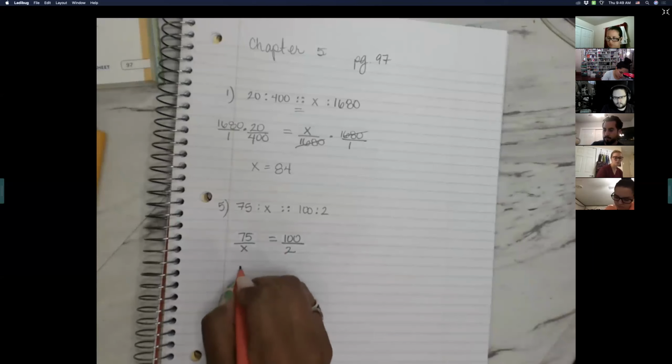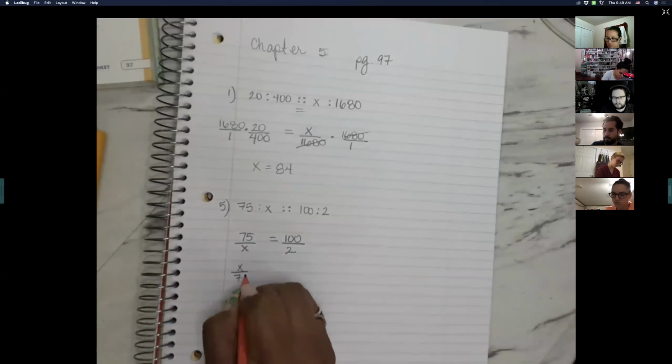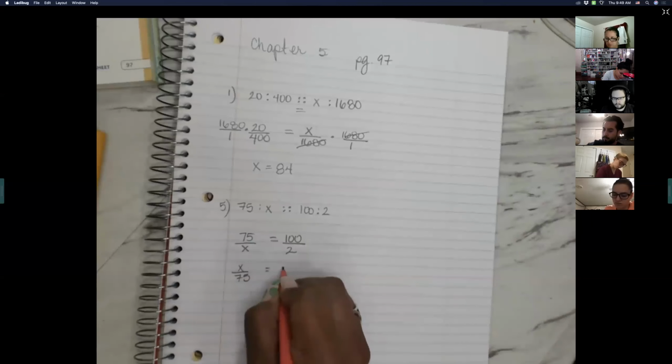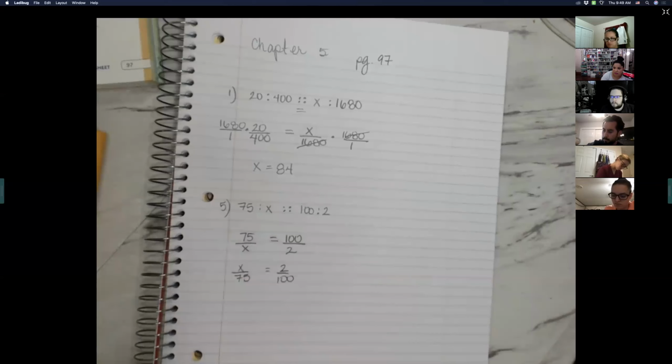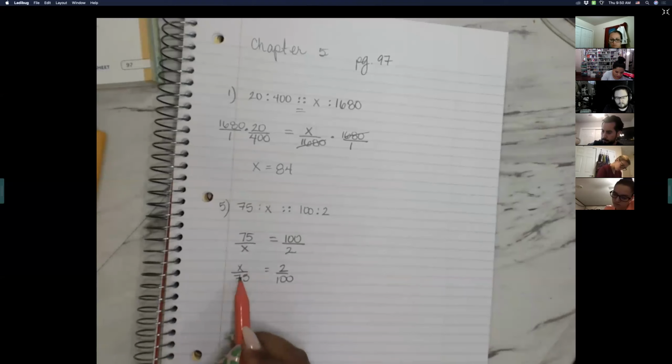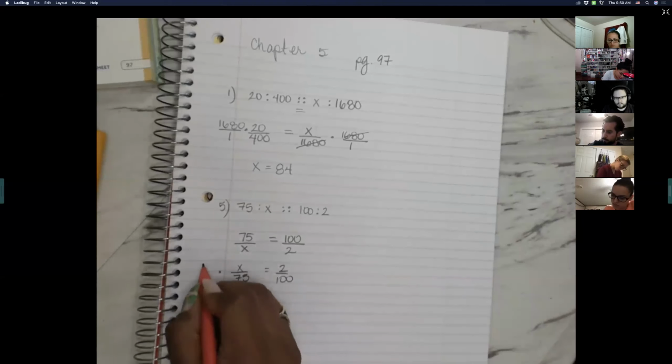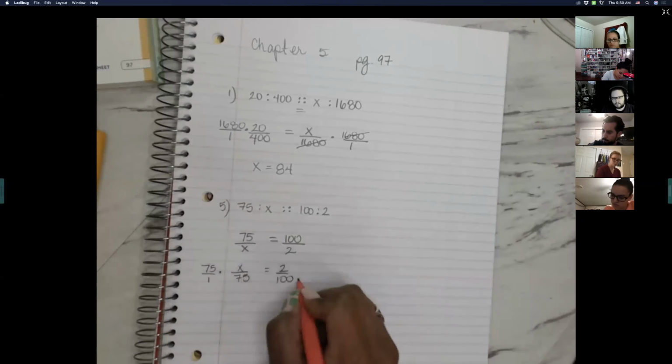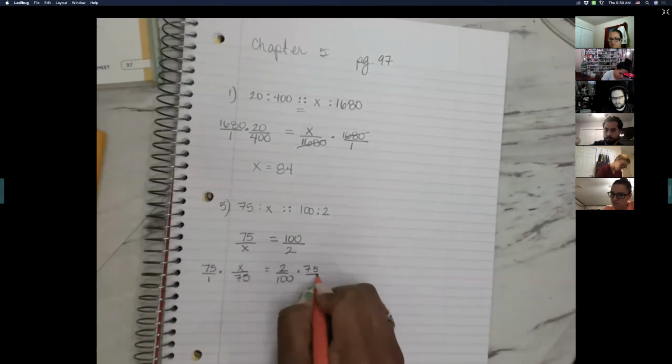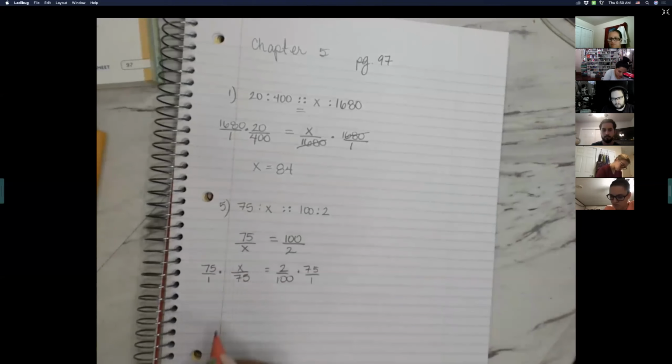So what that means is I'm literally just gonna flip both of my fractions. Okay, so now the x is in the numerator, which requires me to perform fewer steps. So to get rid of the 75, I do the same that we did before. I'm going to take the reciprocal and I multiply it to both sides.